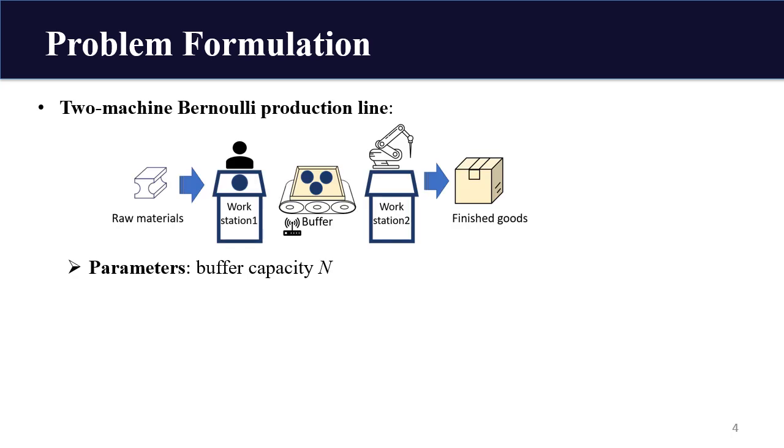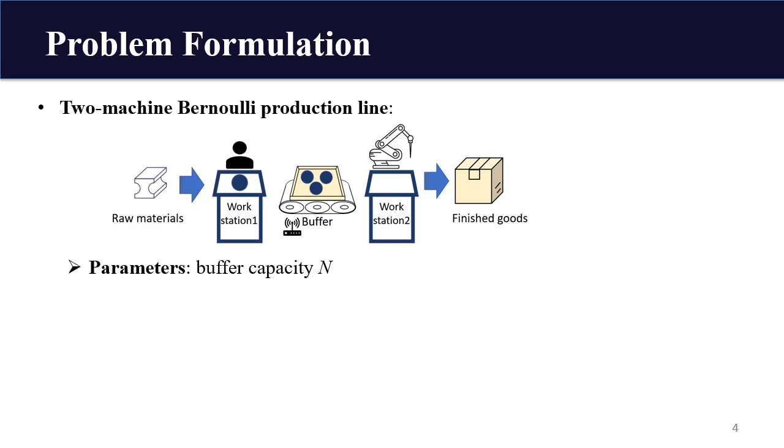Consider a production line with two workstations, also called machines, in the following discussions, and one in-process buffer. Workstations follow Bernoulli reliability model, and the buffer capacity is n.